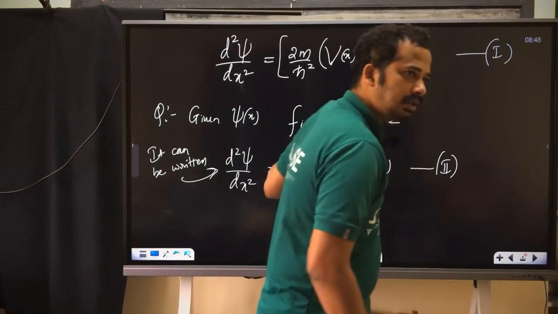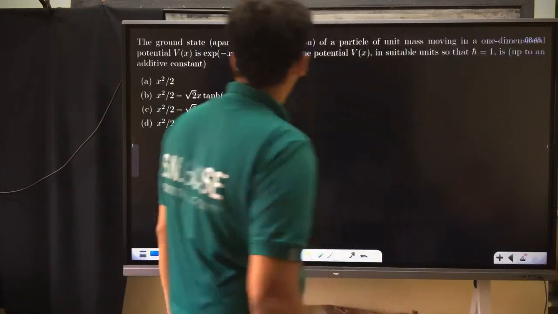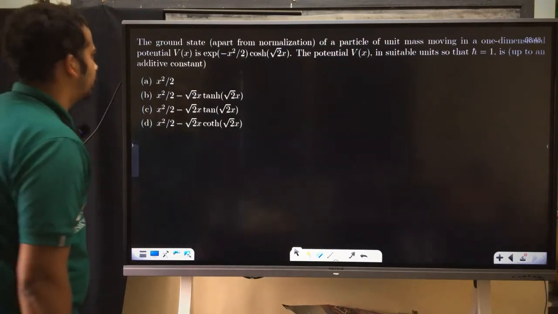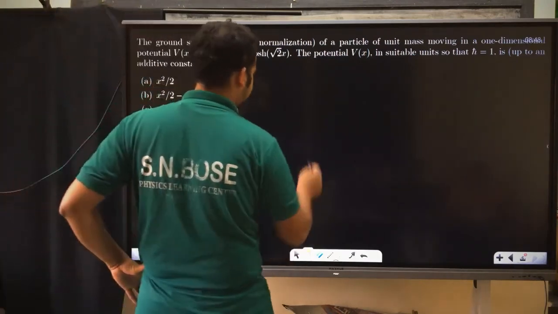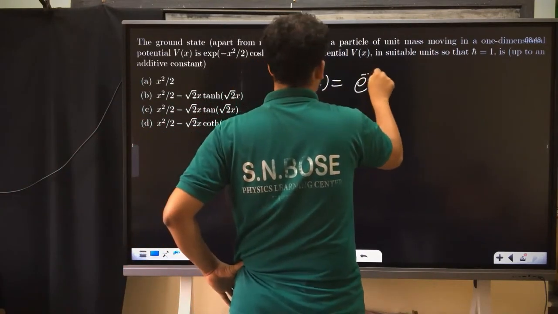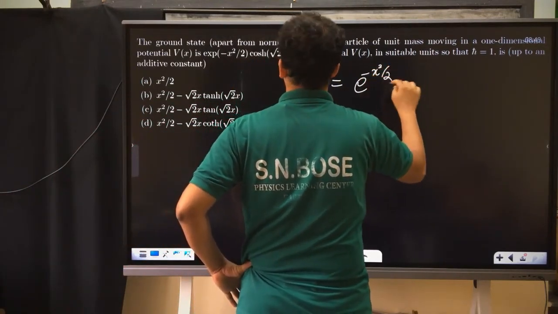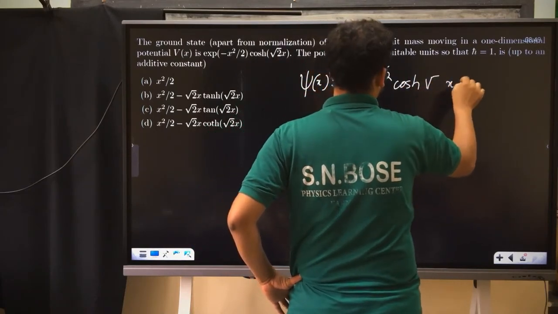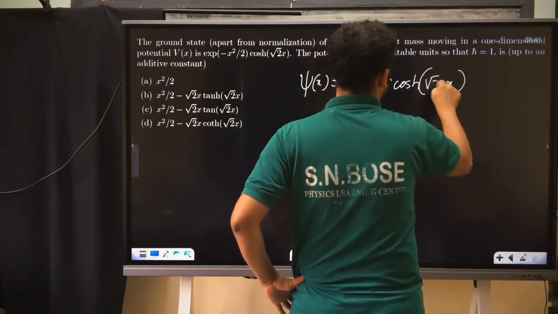The question: apart from the normalization constant, the ground state of a particle of unit mass moving in a one-dimensional potential is psi of x equal to e power minus x squared by 2 into cos hyperbolic of root 2x.